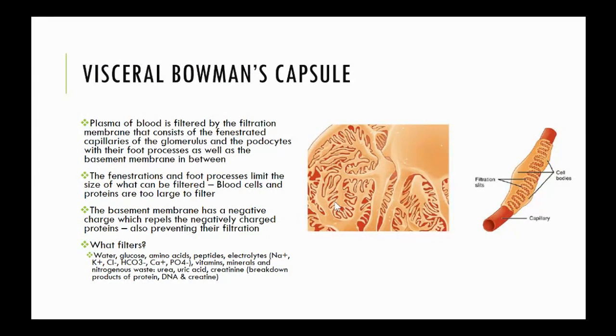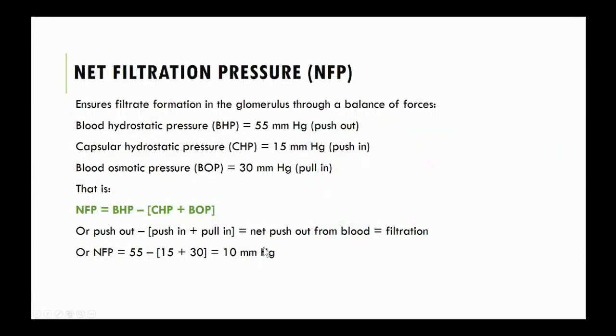We have water, glucose, amino acids, peptides, electrolytes like sodium, potassium, chloride, bicarbonate, calcium, phosphates, vitamins, minerals, and nitrogenous waste. Nitrogenous waste is urea, uric acid, and creatinine. All of these come from the breakdown of protein, DNA, and creatine.